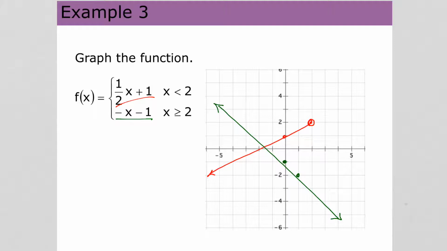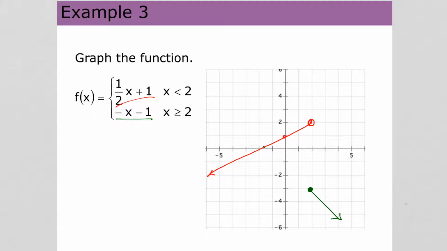So I'm going to erase everything that's less than 2, which is going to be hard to do on here, but we'll get as close as we can. And it's including 2 at this point. So we put a solid dot. And that is the function of f of x.